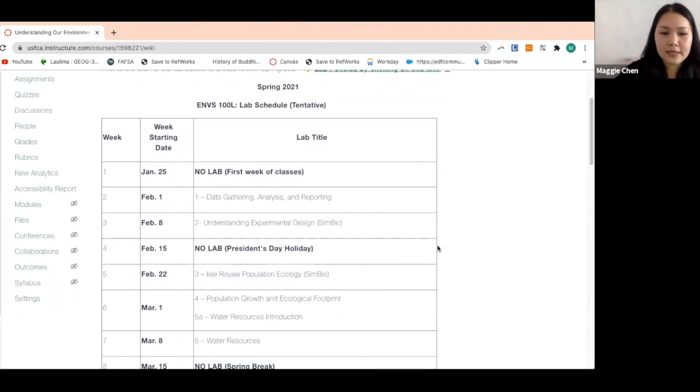But for next week, we don't have lab because of President's Day. So we are going to be meeting the week of February 22 for lab 3. Again, we're using SimBio, but then we're going to be looking at different populations, looking at predator-prey relationships in Isle Royale. So that is what's going to happen for lab 3.